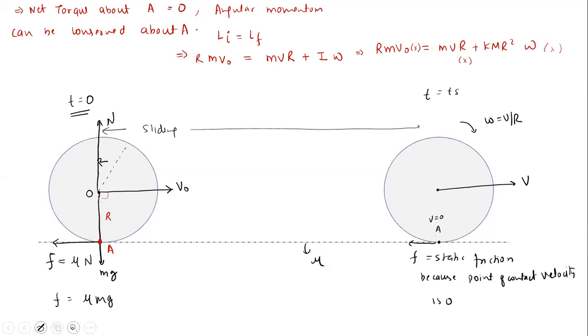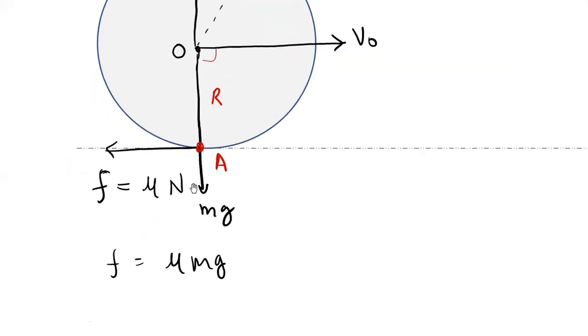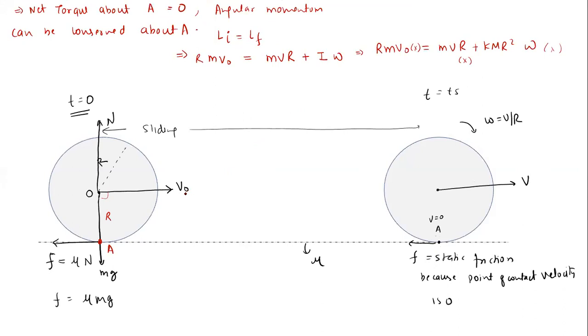Means if you look at this point A, all the forces, normal reaction, friction and mg, are passing through it. So there is no torque by all these forces about A. I hope you understand this.